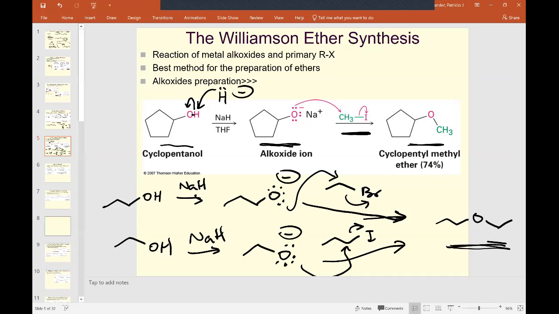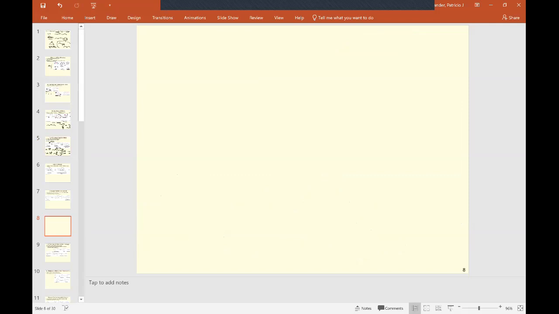There is a limitation in this method, and the limitation is that if you have two halves, let's say that one of the halves is more highly substituted. So I want to prepare something like this.